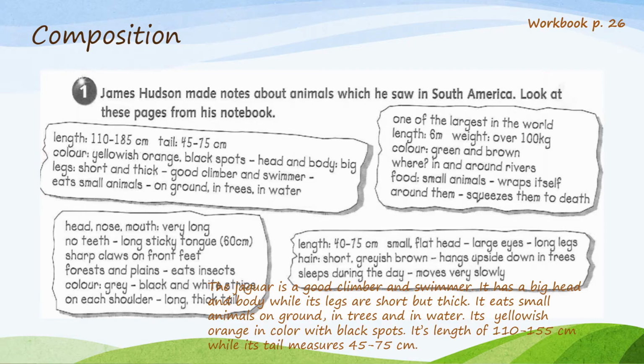Next, head, nose, mouth, very long, no teeth, long sticky tongue, 60 meters, sharp claws on front feet, forest and plains, eats insects, color gray, black and white stripe on each shoulder, long thick tail. Lastly, length of 40 to 75 centimeters, small flat head, large eyes, long legs, hair short grayish brown, hangs upside down in trees, sleeps during the day, moves very slowly.